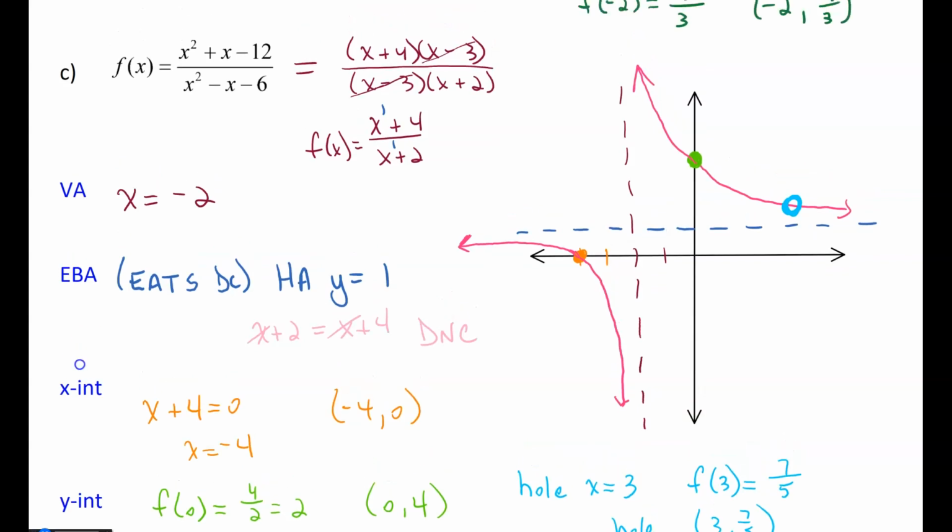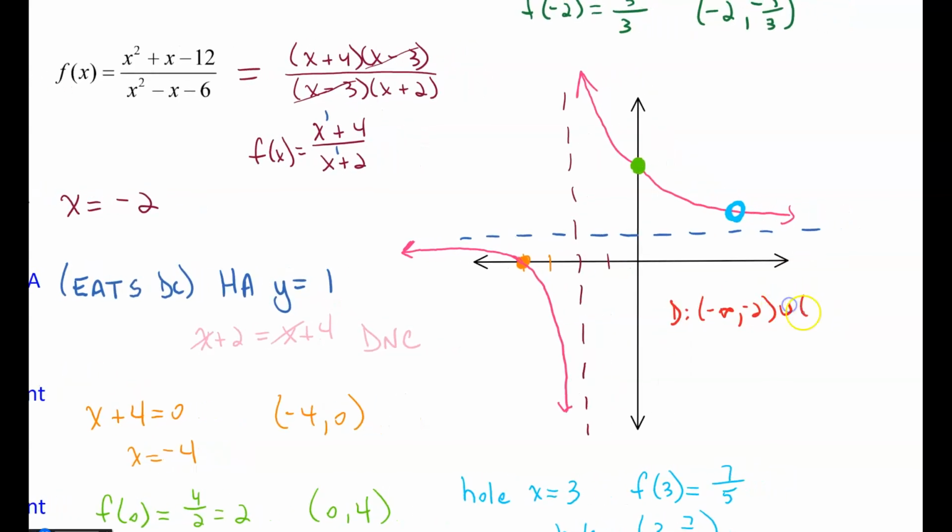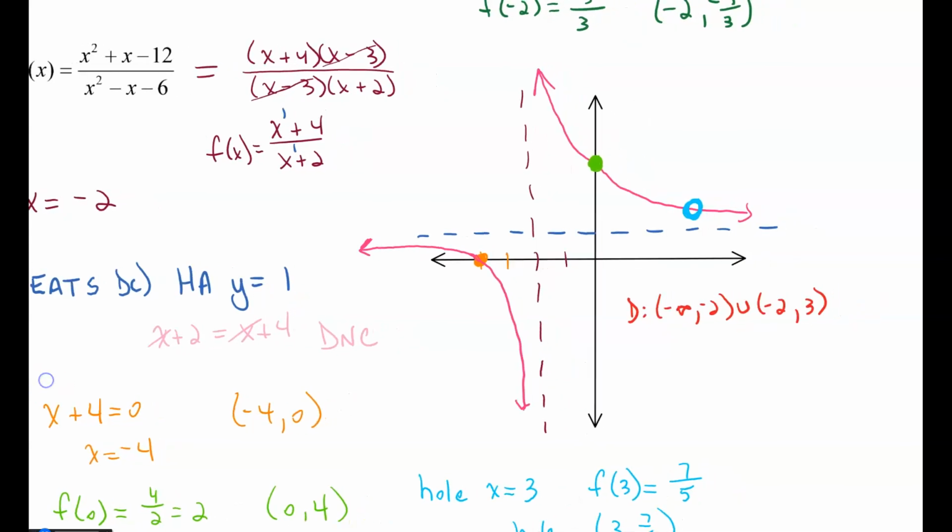So if we were to discuss the domain and range here, we have two discontinuities for the domain. So we're going from negative infinity to negative 2, and then we go from negative 2 up to 3, and then 3 to infinity.